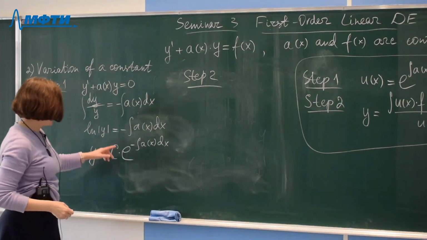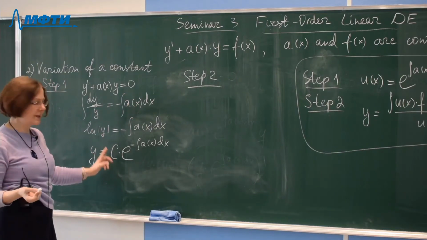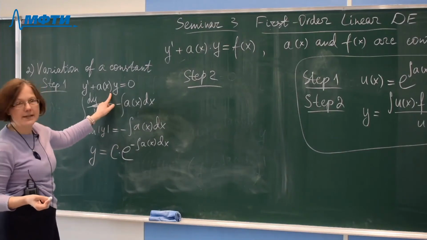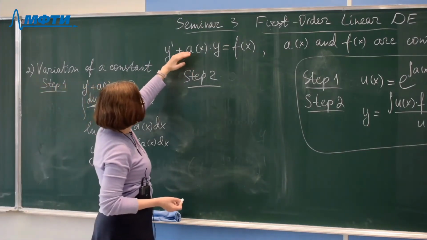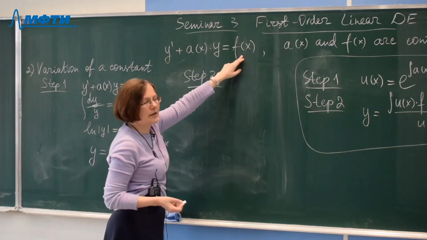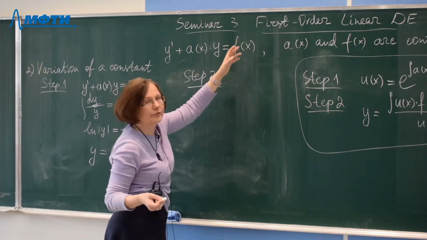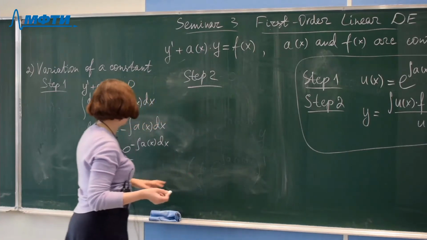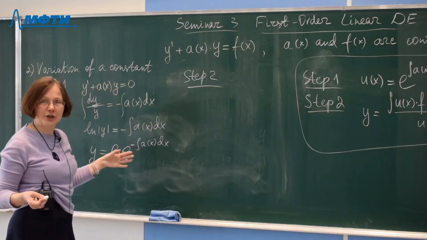Okay, on this step we replace the constant. So this is an arbitrary constant, but this is a constant for this homogeneous equation. If we consider our original equation, which has f as a function, a non-homogeneous differential equation, then we should replace this constant with a function.